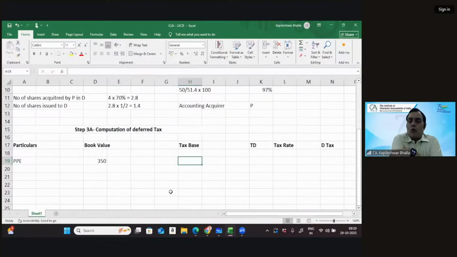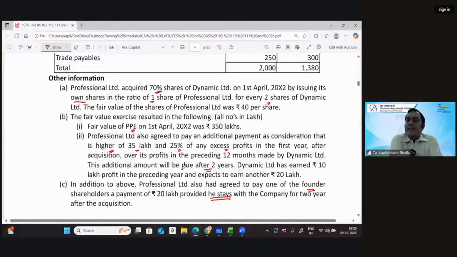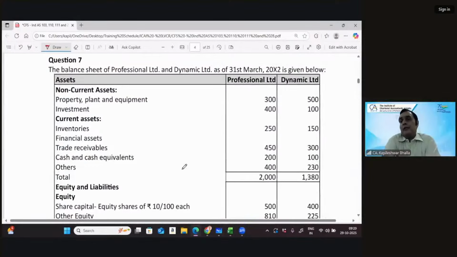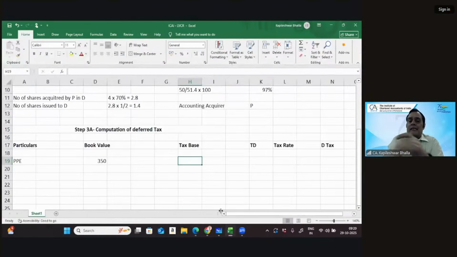But when you record this fair value, in any case, the income tax authorities are not going to give you a future deduction based on the fair value. The tax base, as per Ind AS 12, represents the future deduction. And the future deduction will be limited to the extent of the book value of the asset. So in the balance sheet, we're given a figure of 500. So we take the tax base to be 500.